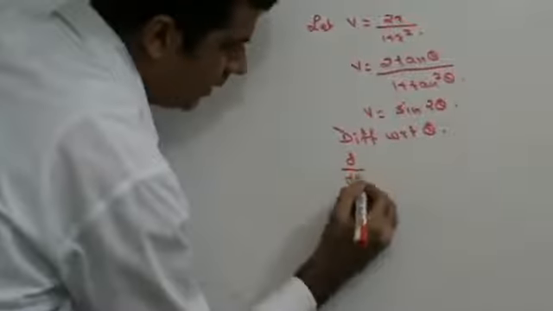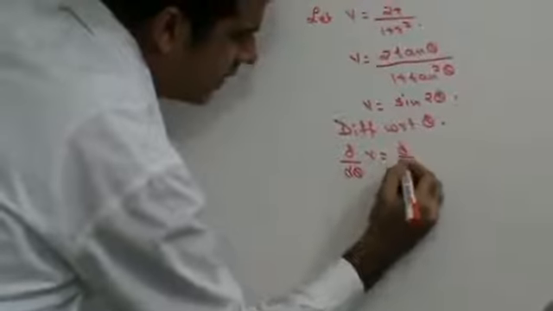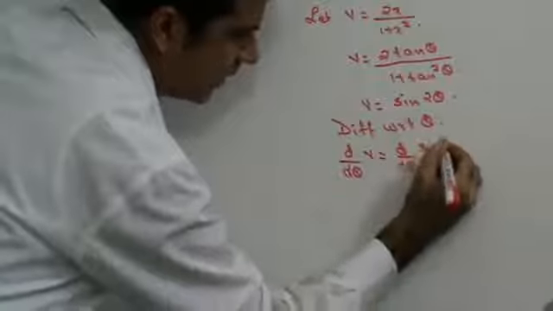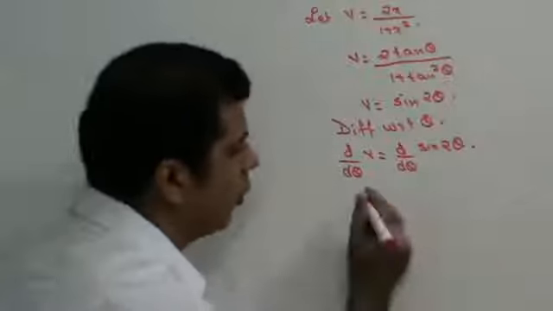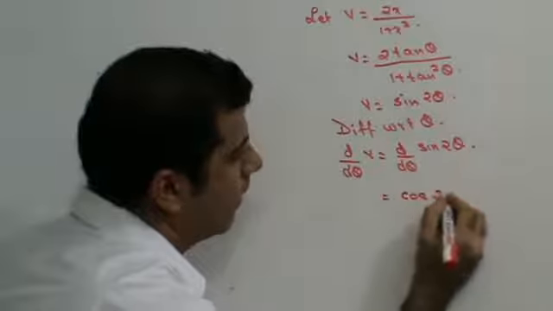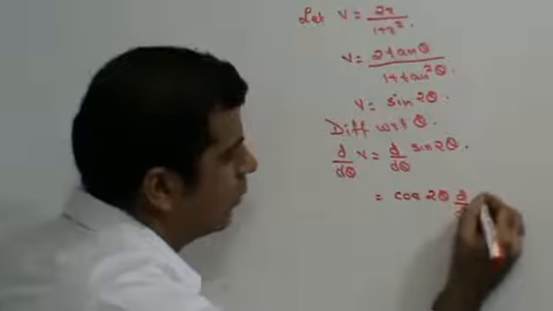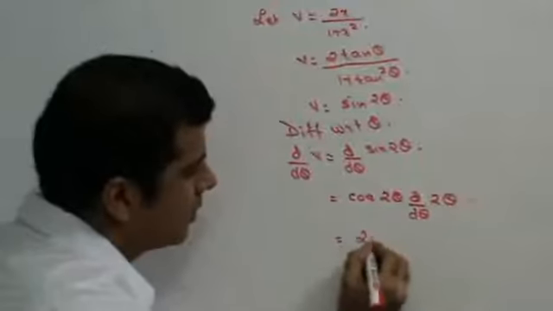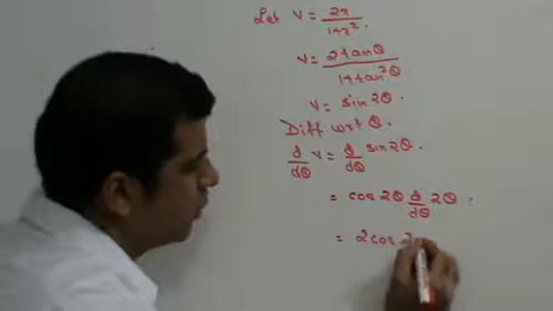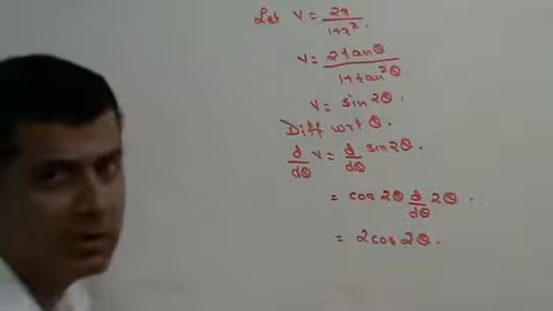So d by d theta of v is d by d theta of sin 2 theta. D by d theta of sin u is cos u d by d theta of 2 theta. So this is 2 cos 2 theta, because d by d theta of 2 theta is going to be equal to 2.